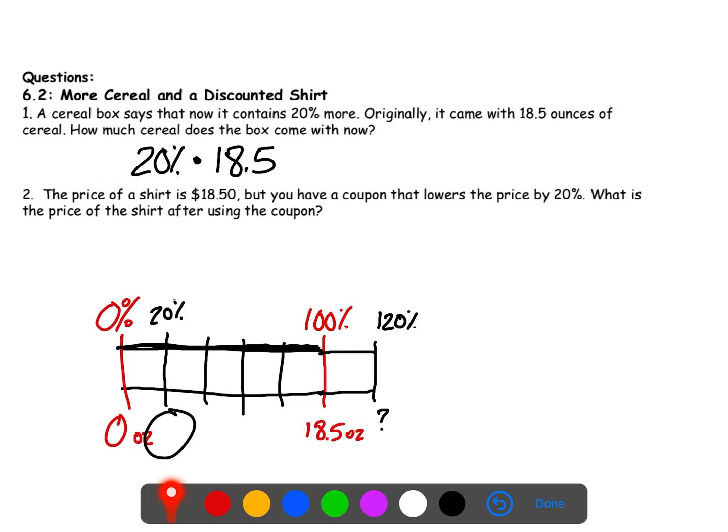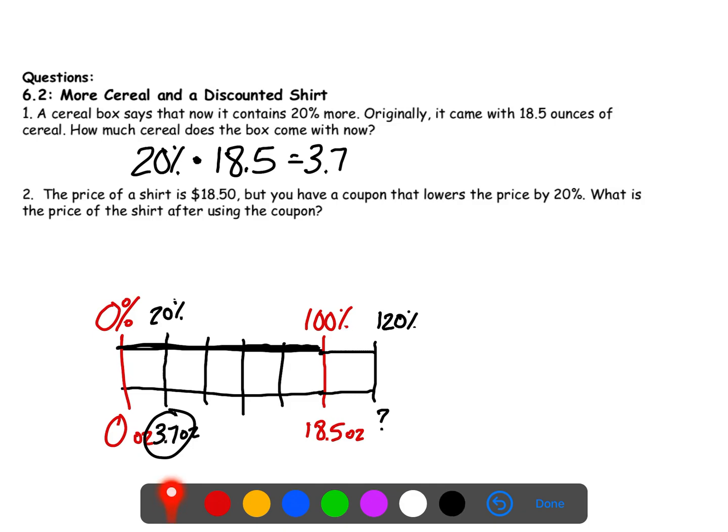So that's what we're doing. If you use a calculator, you're doing 2/10 times 18.5, 0.2 times 18.5. And that equals 3.7. So we just found that 20% of the cereal box is equivalent to 3.7 ounces.